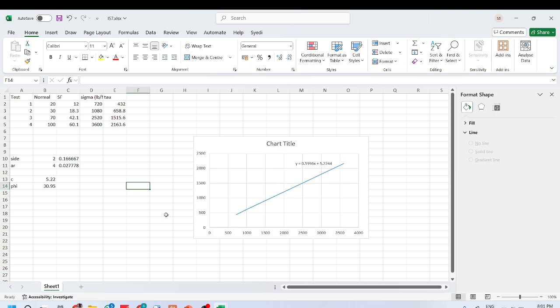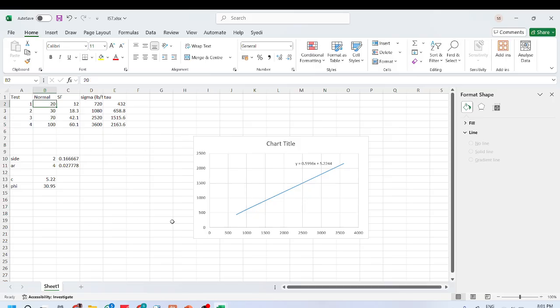So basically, for the direct shear test, what we do is at different normal stresses, 20, 30, 70, 100. Normal stress is something that we apply on the top of the box.